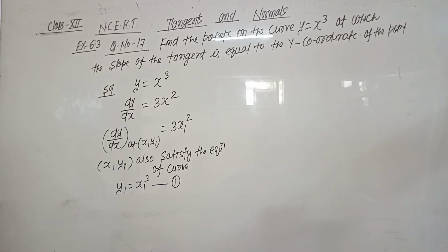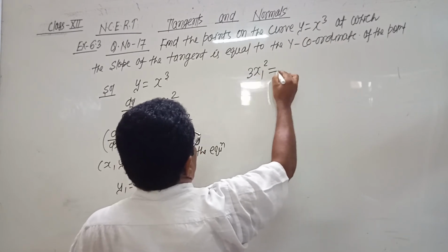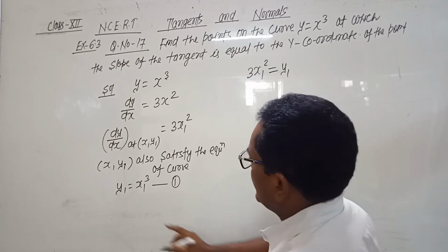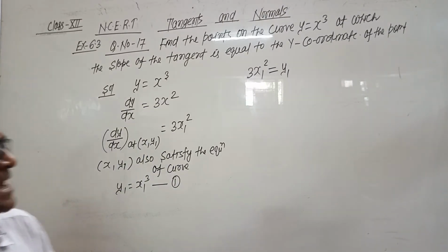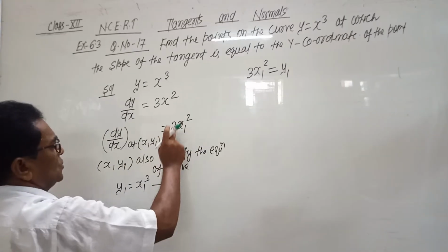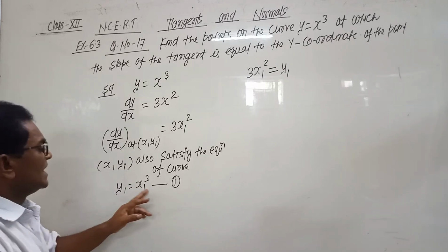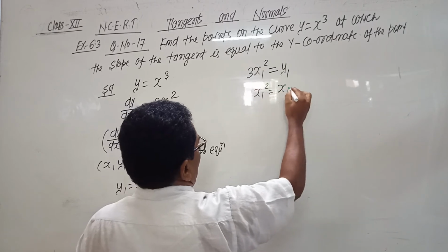And the slope of the tangent is equal to the y coordinate, meaning 3x1 square equals y1, and the value of y1 is x1 cube.